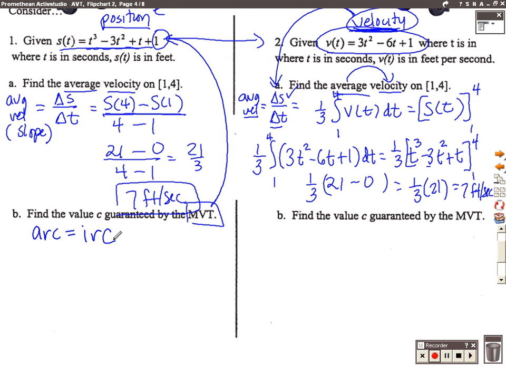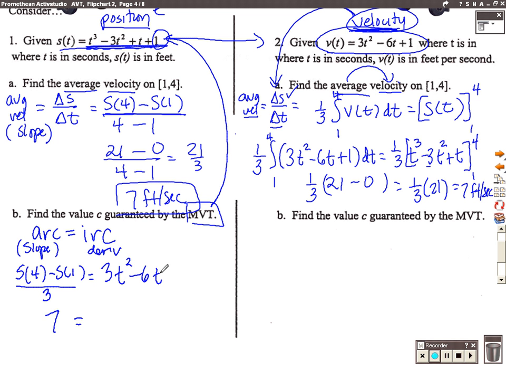The average rate of change, remember slope, this derivative. Okay, so the average rate of change we already know is s of 4, we already did that part, minus s of 1 over 3, which is 7. The instant rate of change would be the derivative, which is 3t squared minus 6t plus 1.